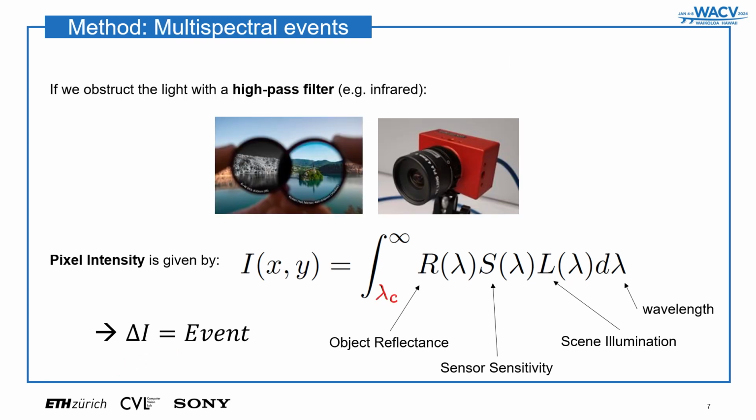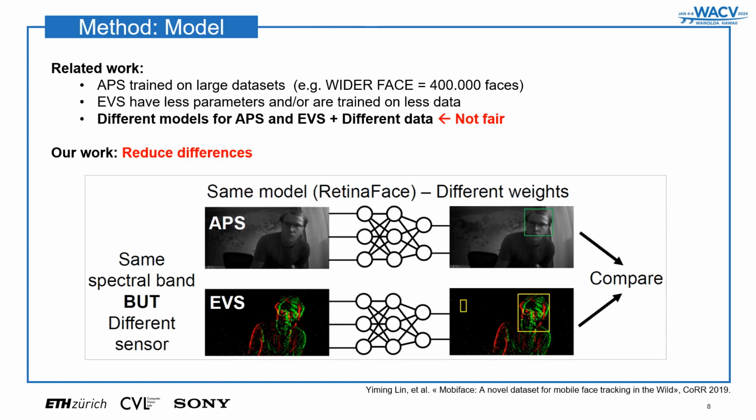Therefore, nothing holds us from capturing events in arbitrary spectral bands. For example, if we put a high-pass filter in front of an event camera, the pixel intensity becomes this. If the scene is also illuminated with infrared light and our object is reflective enough, it will be visible, and therefore it can generate events, and in this case, infrared events.